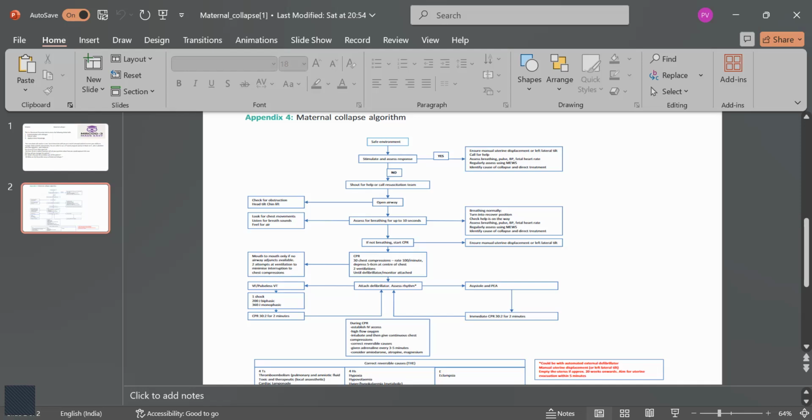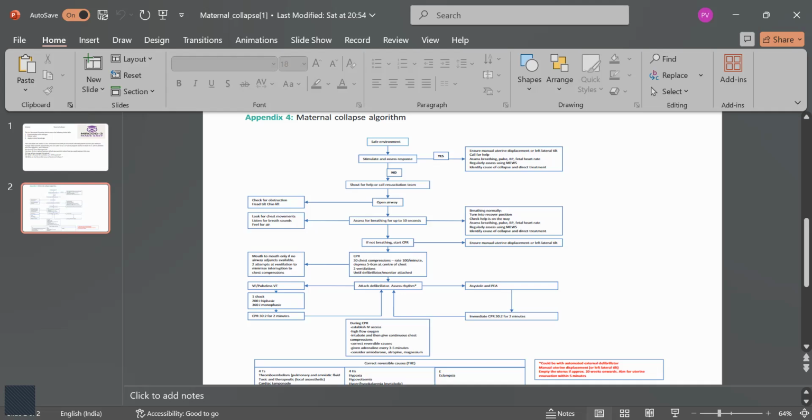Then we watch the patient every 2 minutes. Simultaneously we attach the defibrillator or the monitor, and I'll assess the rhythm and check the heart rate.